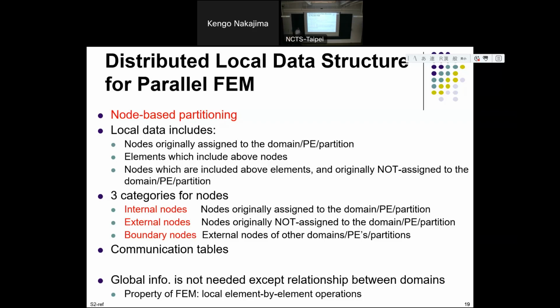So we have three categories of nodes. Okay, one is the internal nodes, which are originally assigned to this partition. External nodes are nodes originally not assigned to the domain, but included in this overlapped element. And boundary nodes are part of the internal nodes and external nodes of other domains and processors, and communication tables.